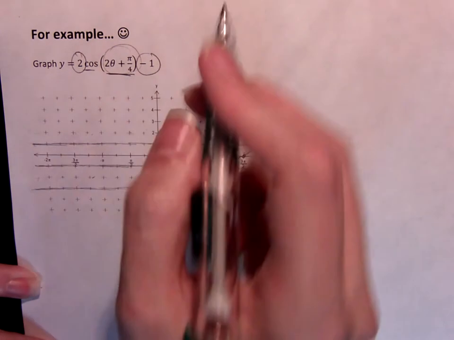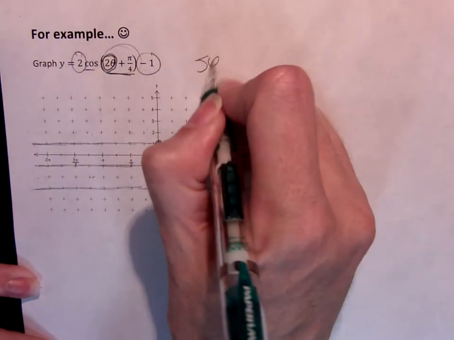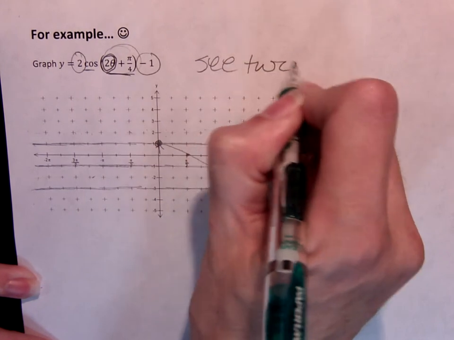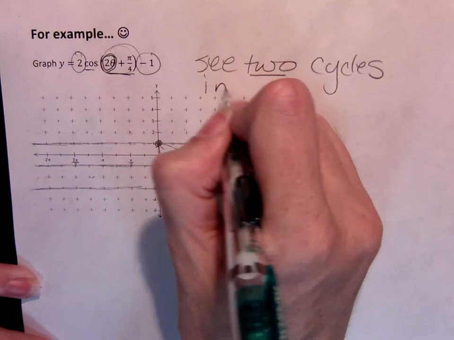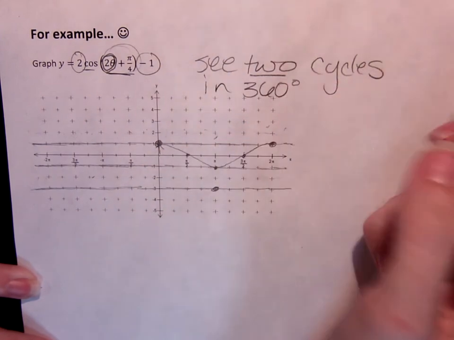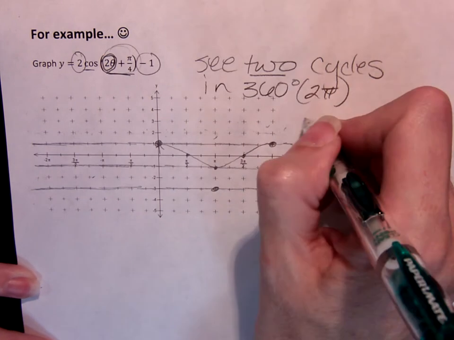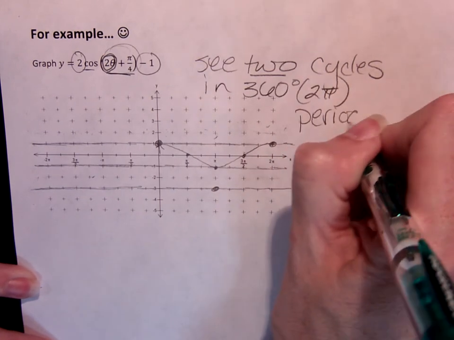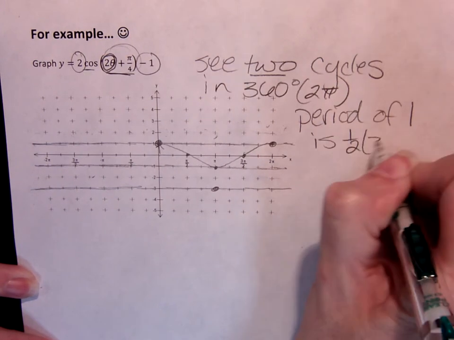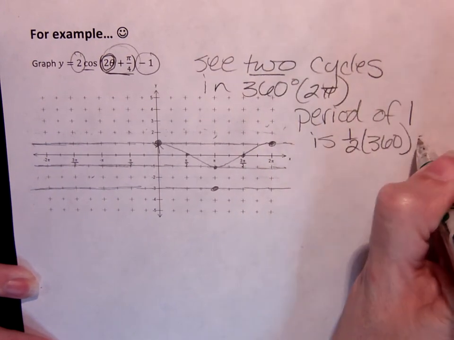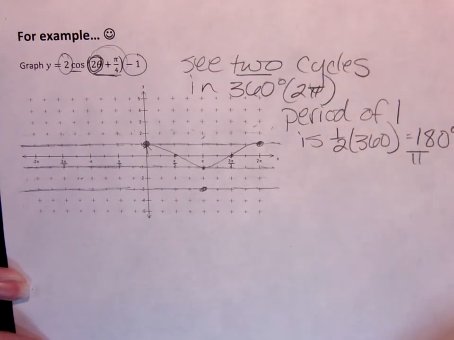The first thing we want to understand is this 2 theta. So that means I can see 2 cycles in 360 degrees or 2 pi, which means the period now of 1 is half of 360 or 180 degrees, which is just pi.